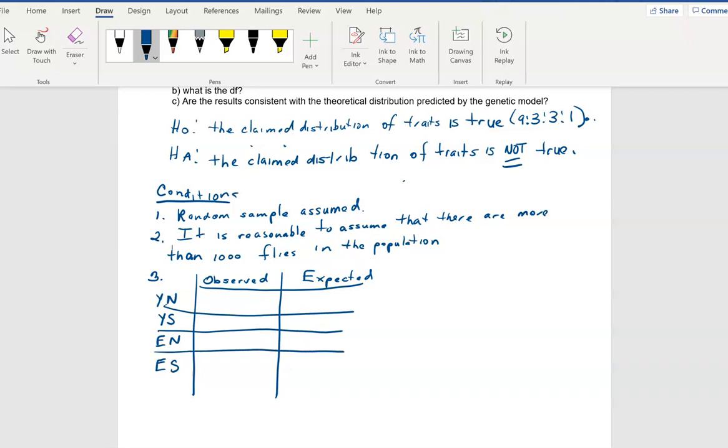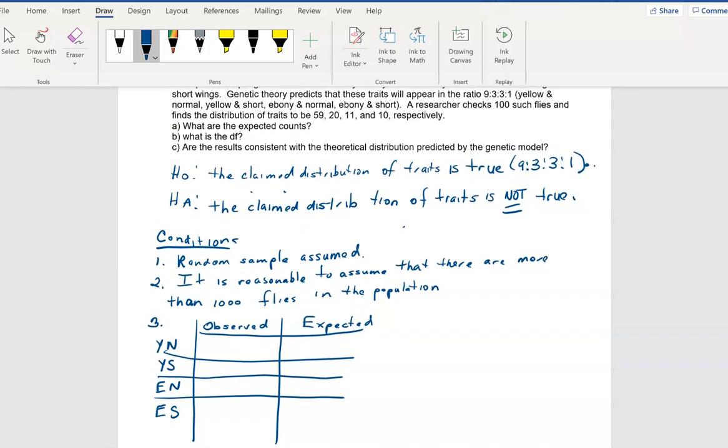The observed counts, going back to the original problem, were 59, 20, 11, and 10. I'm following this order over here. If you add that up, that should add to 100.